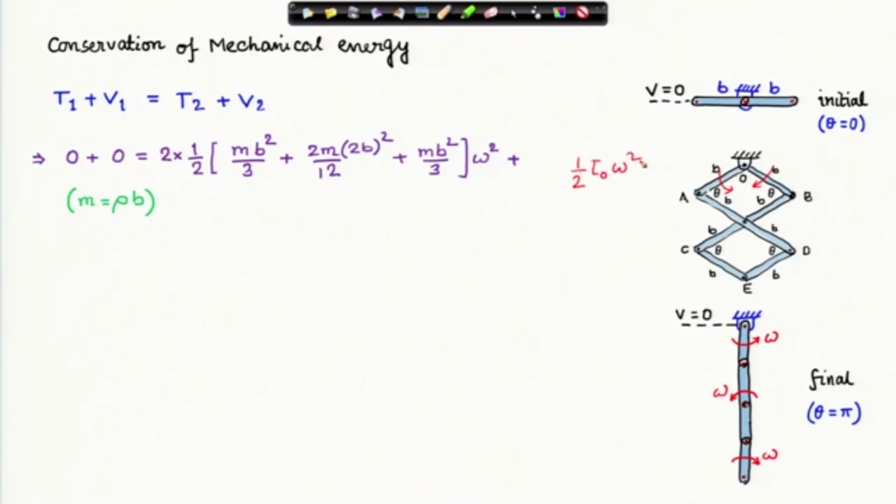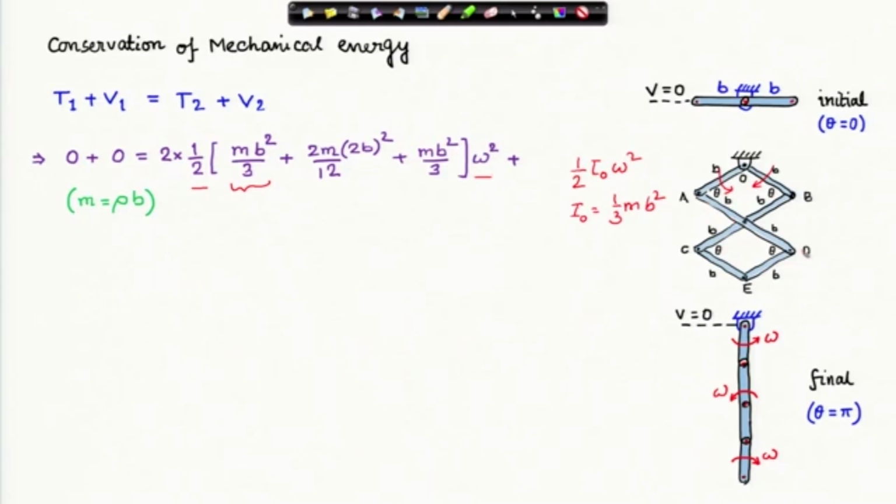At the final state, the kinetic energy is half I_O, the moment of inertia about O, times omega square, and I_O is 1/3 m b square, and there are 2 such bars. What I have done is I have written I_O here, pulled out 1/2 and omega square.